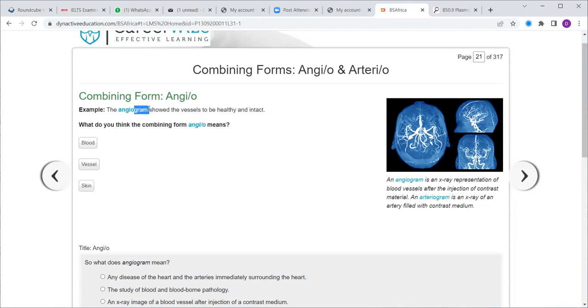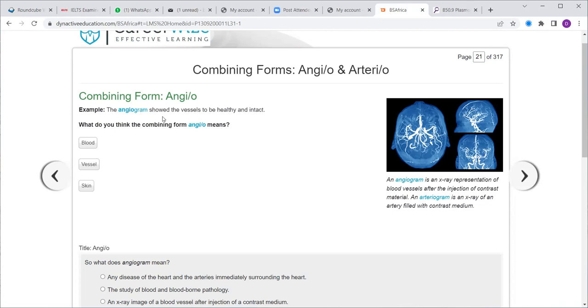Gram is also another combining form you will come and learn later. Gram simply means a picture or image. So when they do a CT scan or an X-ray, the image that comes out is a gram.